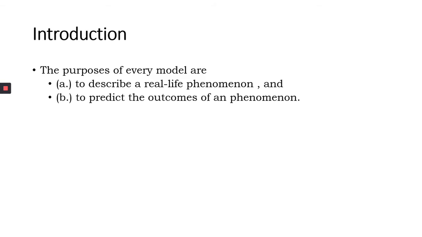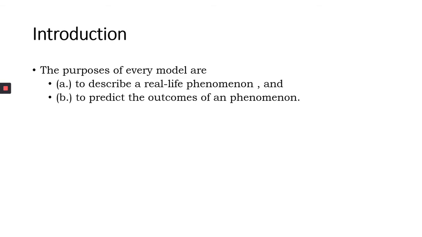So the purpose of every model are the following. There are two main reasons. That is to describe a real-life phenomenon and to predict the outcomes of a phenomenon. So that is its core. So to describe a real-life phenomenon and to predict what the possible outcomes are.